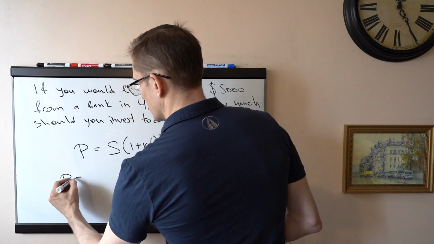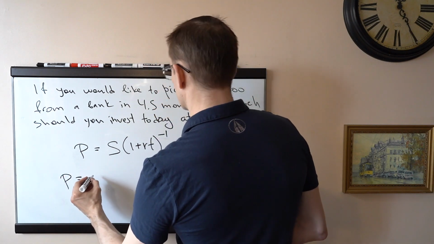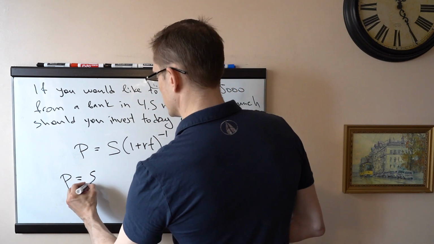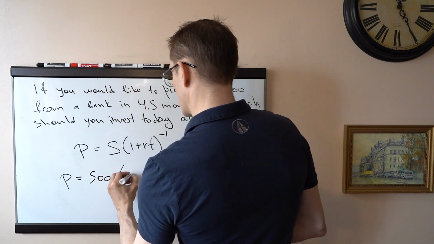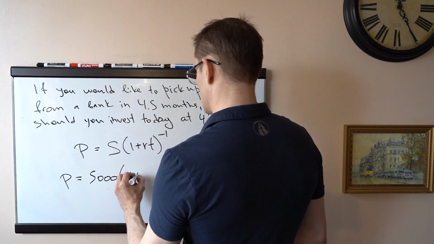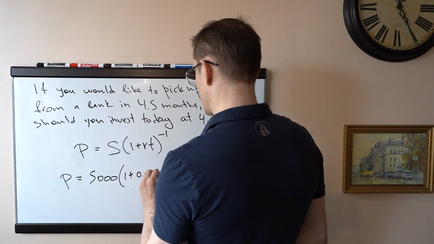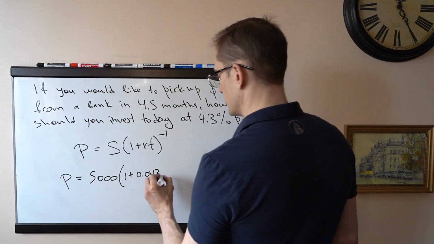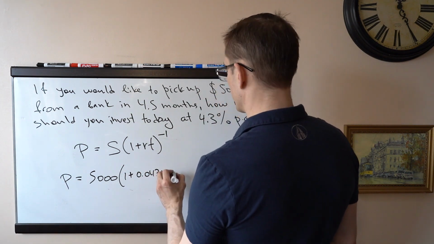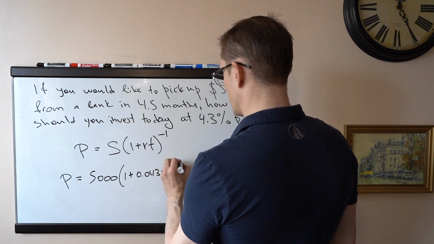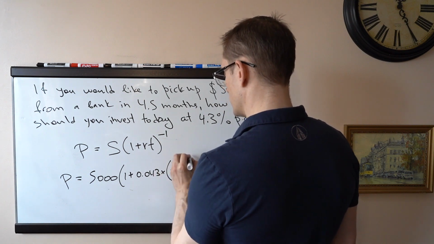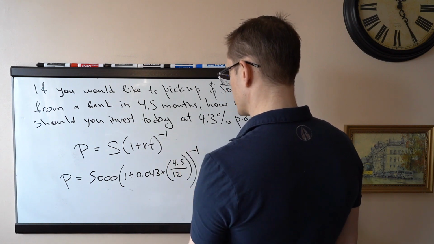So we can now find P from here. It is 5,000 times (1 plus 0.043, which is your annual rate, times 4.5 divided by 12) to the power of minus 1.